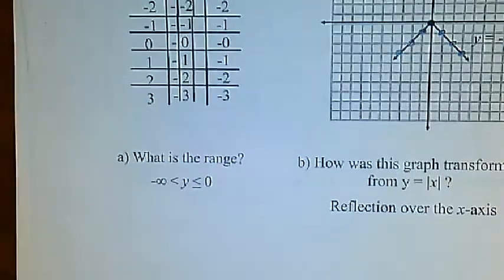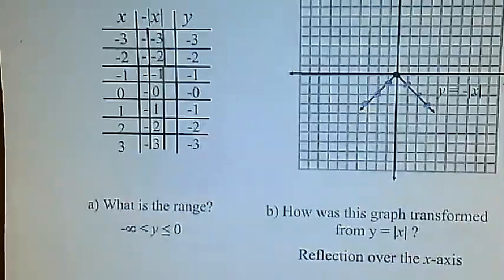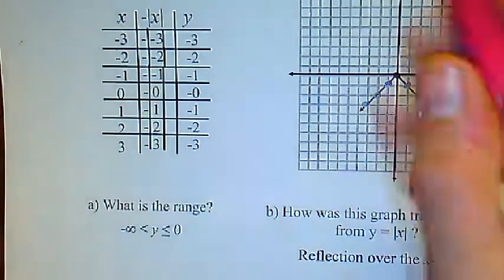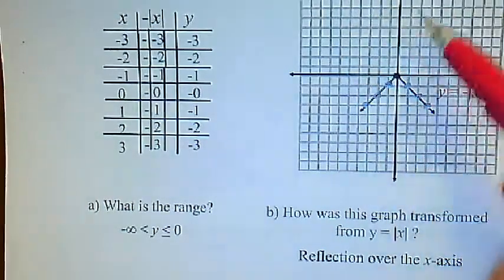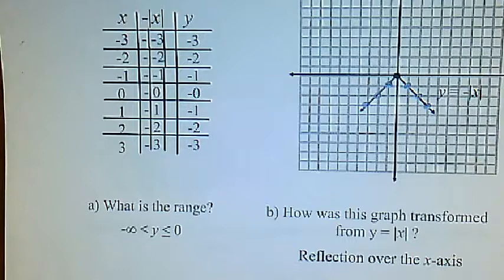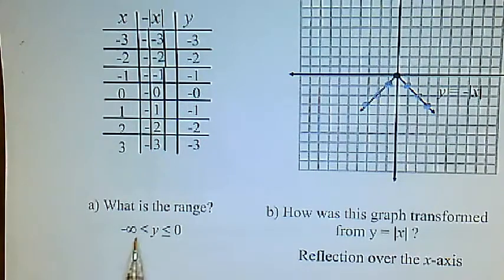Okay, so for this one, the range, if you notice, that's a little bit different, right? Because it can't be anything greater than 0. So this means that it goes from negative infinity all the way to 0. So negative infinity is just in the negative direction, okay?